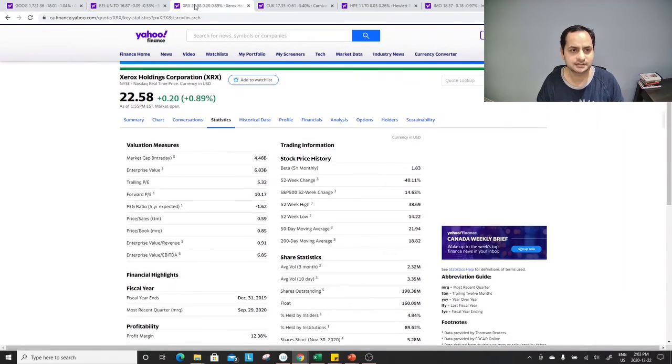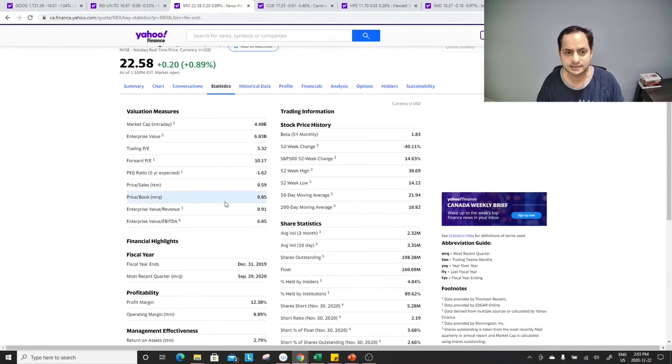For example, this is Xerox Holdings, right? When I covered this a month or two ago, it was already pretty low in price to book, but now it's even 15% less than its book value. So the market price is less compared to its book value, so this is undervalued.